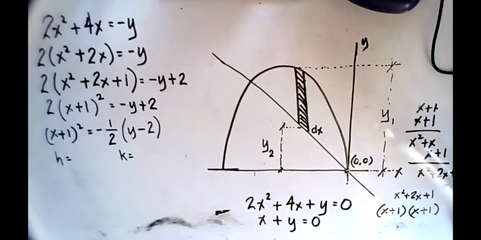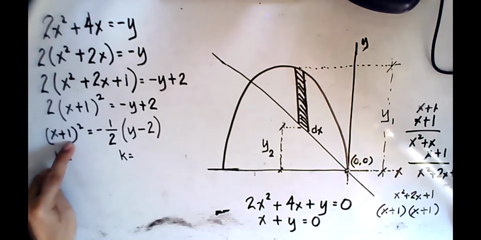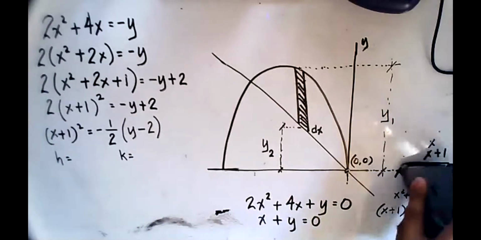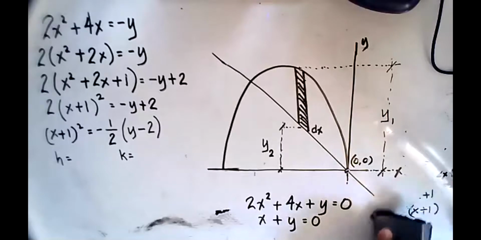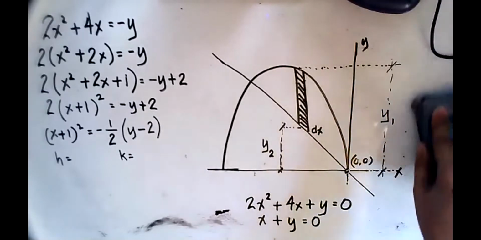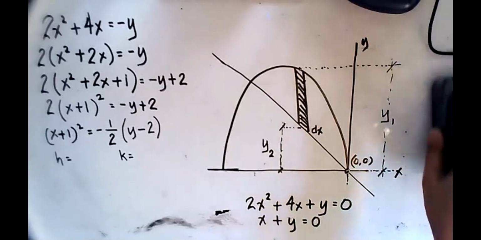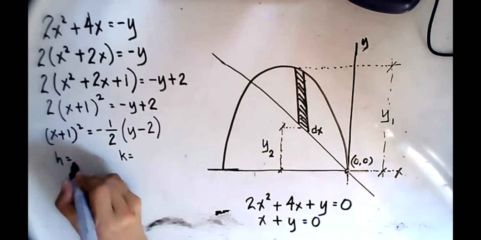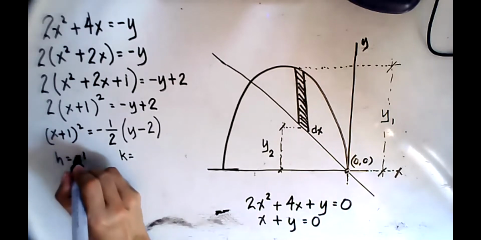So how do we determine the value of h? If you equate x plus 1 to 0, what will be the value of x? Negative 1. Okay, so that means what is the value of h? Negative 1 also. Very good. So the value here is negative 1.